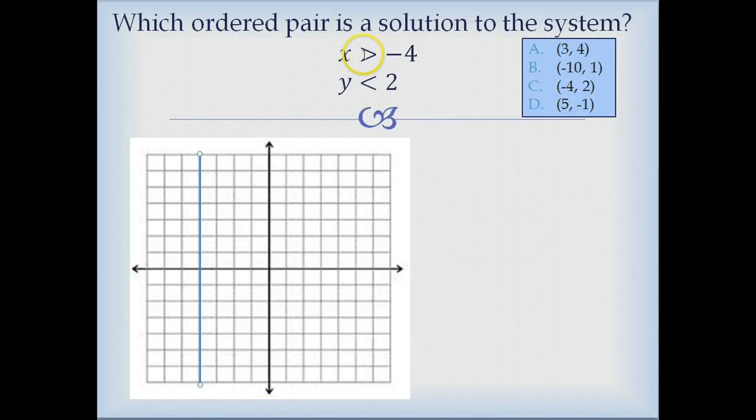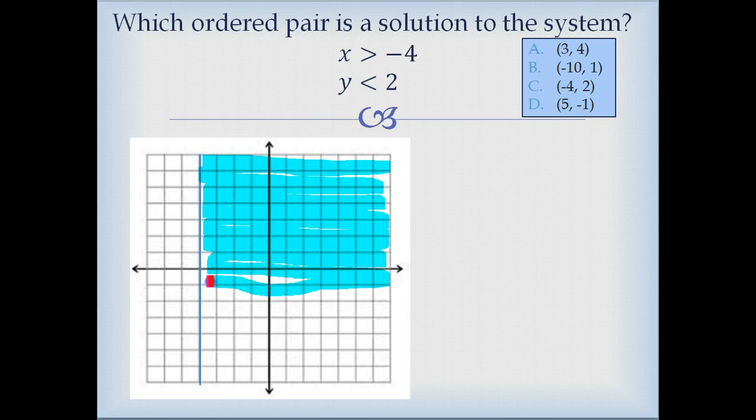Now remember, if you have the inequality, you have to go ahead and shade it. Since this is x is greater than negative 4, I would shade over here on the right side. These would be the numbers. And again, if you're not sure, always test a point. So I could plug in the point 0, 0. I would just have the x value of 0 to plug in.